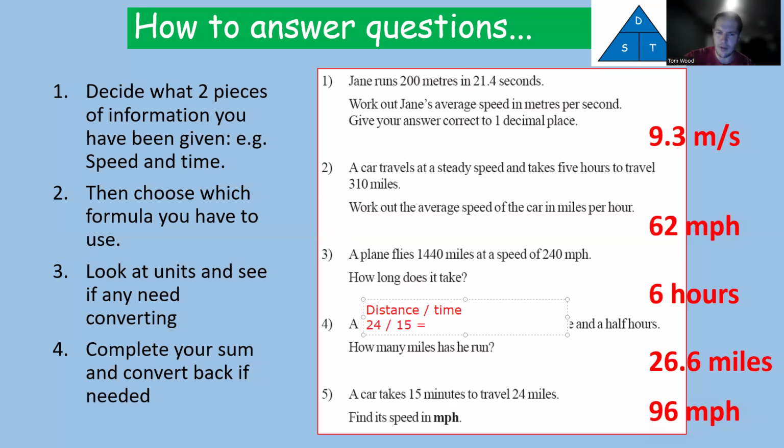So I can just do this sum here. But the problem that I find is that the answer itself comes up at 1.6. This would be in miles per minute, because the distance is in miles and the time is in minutes. So if I want this in hours, I have to times it by 60, and lo and behold, I get to my answer.